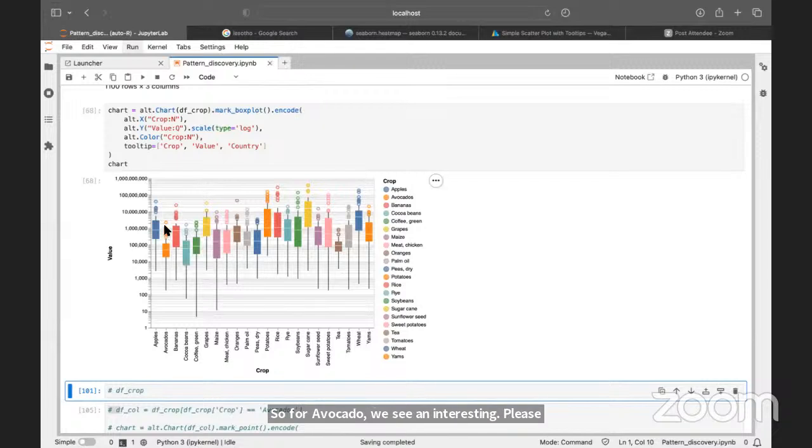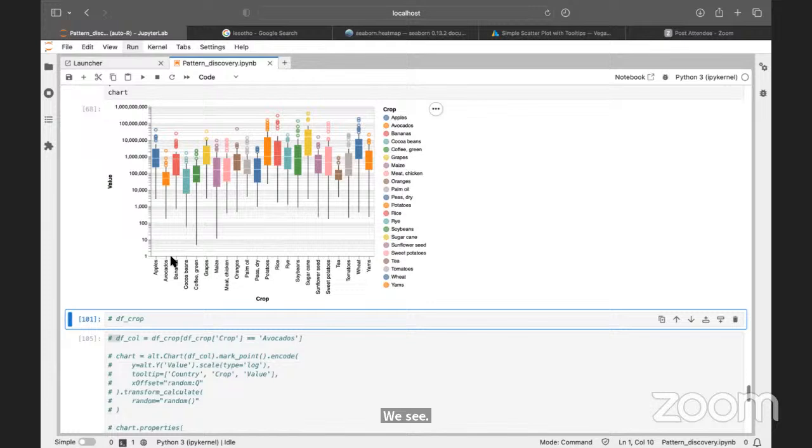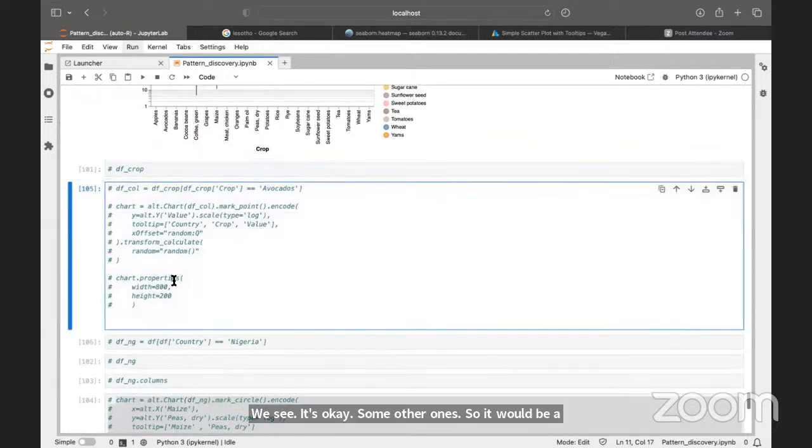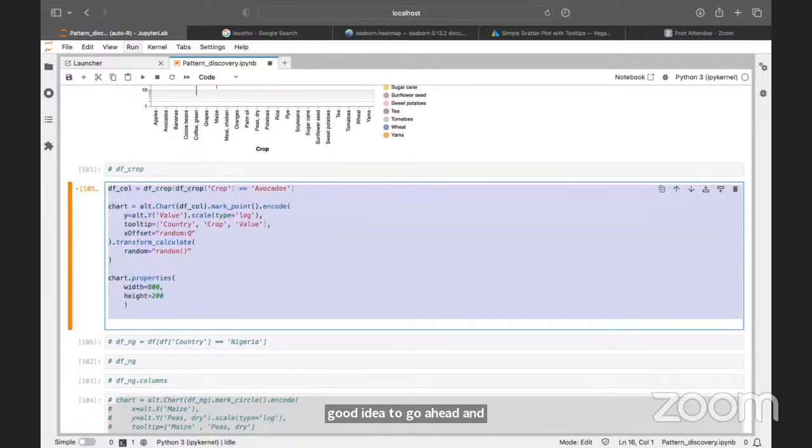We see Libya, we see Ethiopia, and some other ones. So it would be a good idea to go ahead and get to know more about how the data points fall.